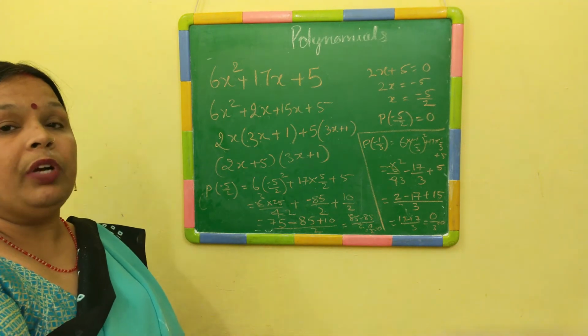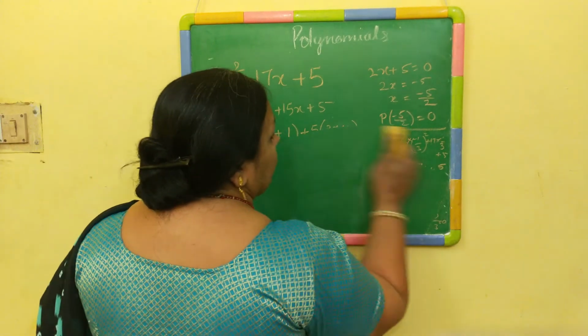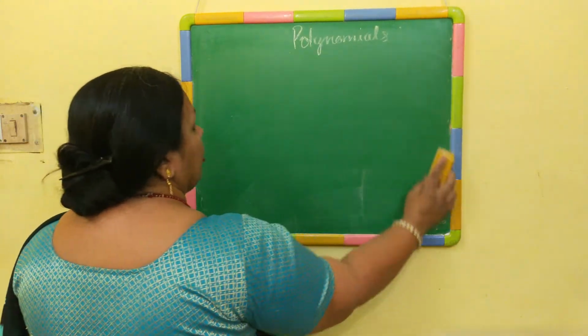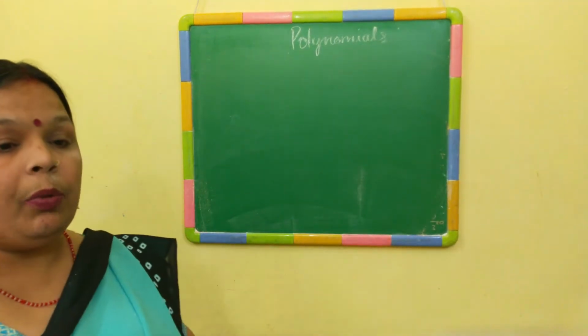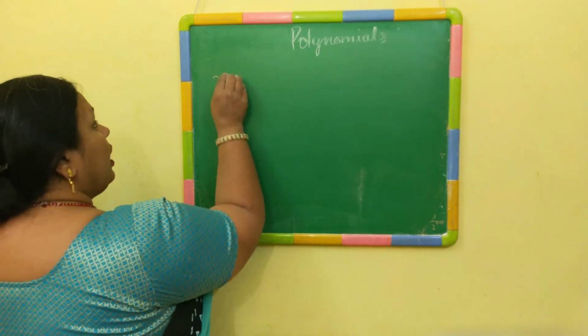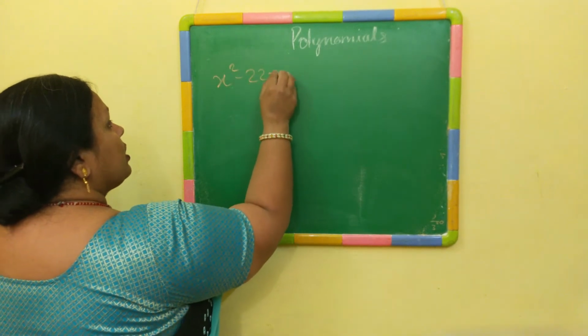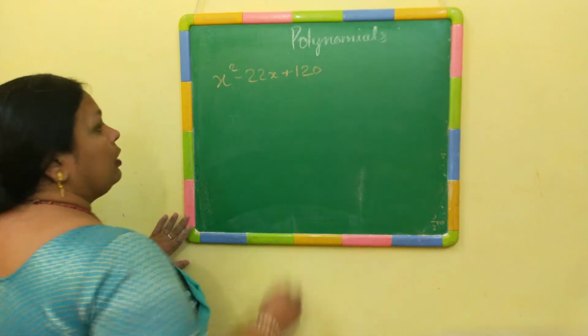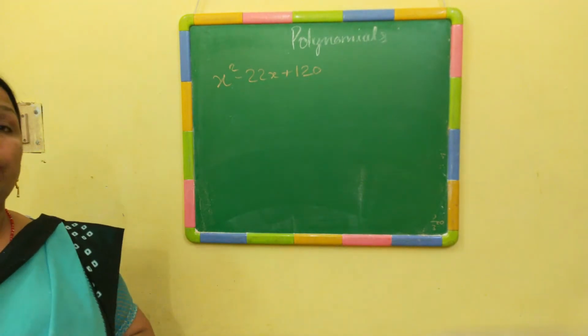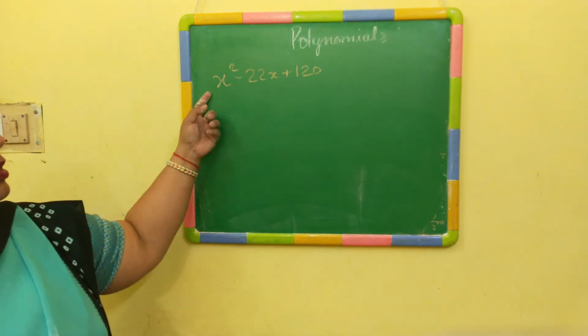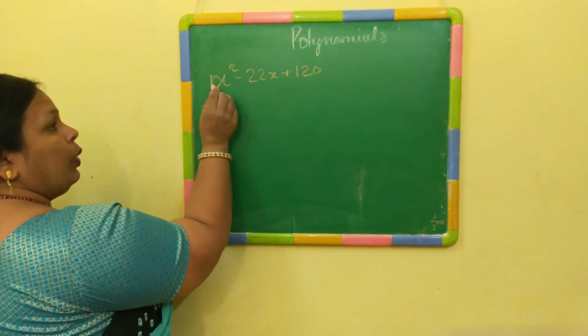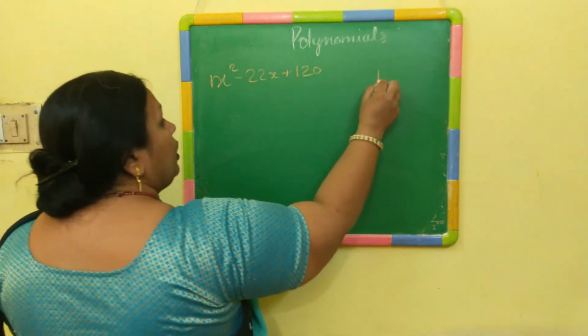Quickly we'll check for one more polynomial. This time our polynomial will be x square minus 22x plus 120. So quickly again taking the product of a and c, here a is 1, so 1 into 120 is definitely 120.